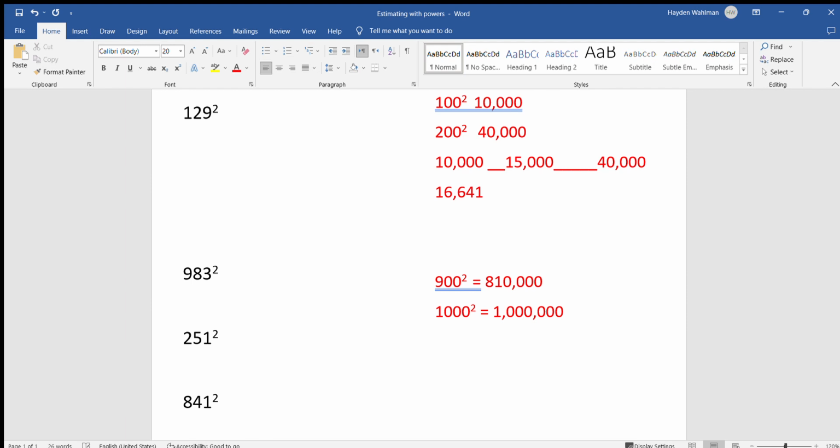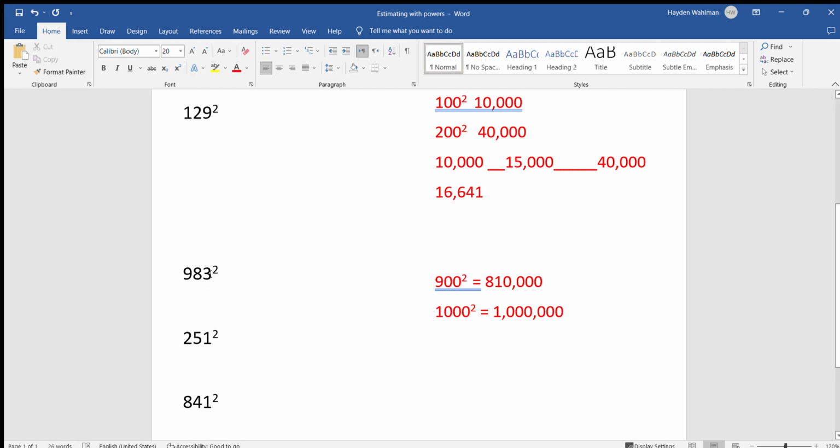Because, hold on. Two times three zeros is six zeros. So the lower boundary is 810,000. The upper boundary is 1,000,000.